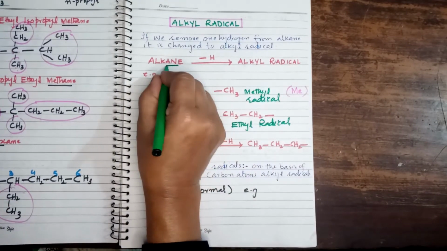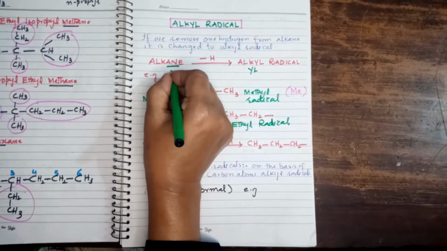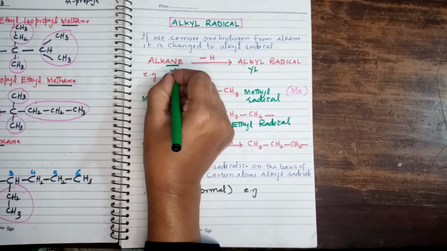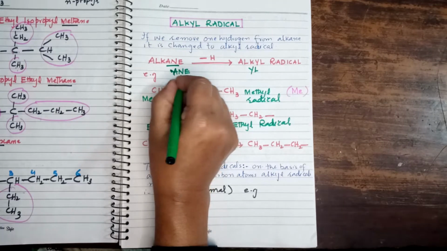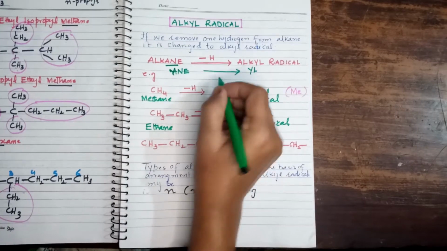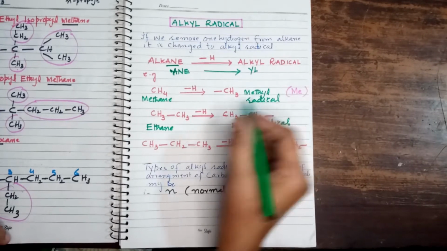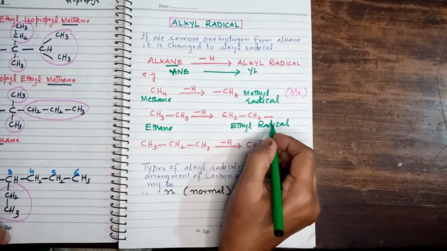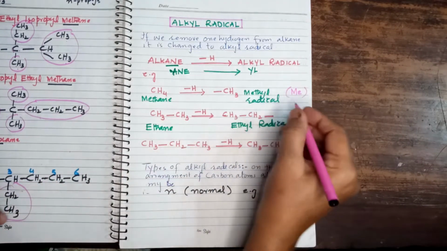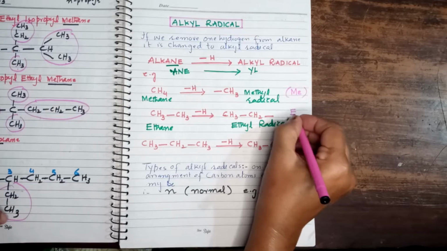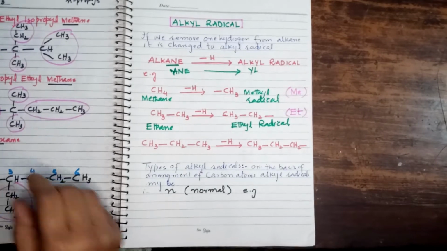Actually, the ane part of alkane changes to yl after the loss of one hydrogen. Methane to methyl, ethane to ethyl. The abbreviation used to represent ethyl radical is Et. Et for ethyl.